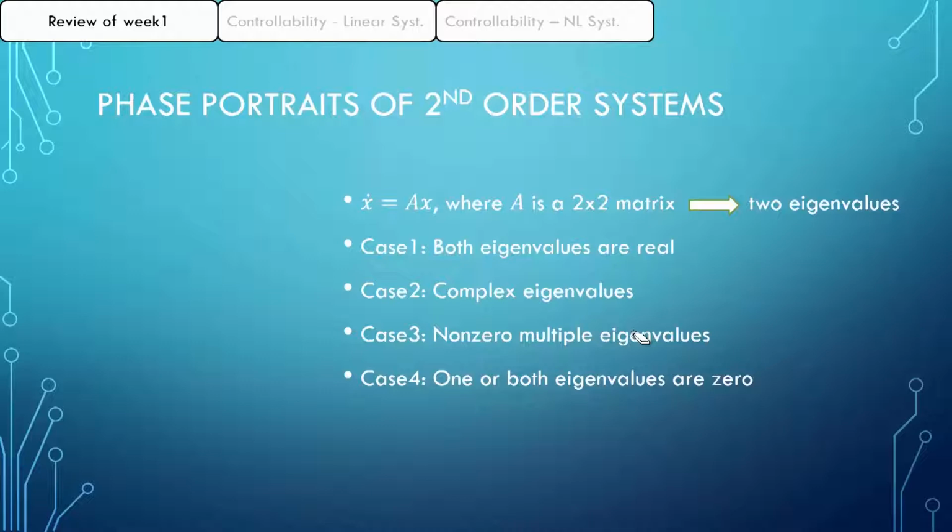For an n by n matrix, ideally you can get n eigenvalues. So here are 4 cases. Okay, the first case is both eigenvalues are real, or both eigenvalues are complex, or non-zero multiple eigenvalues. Okay, or one is 0. One or both are zeros.